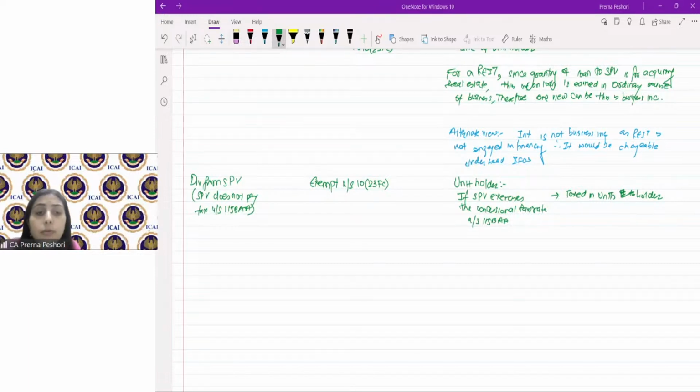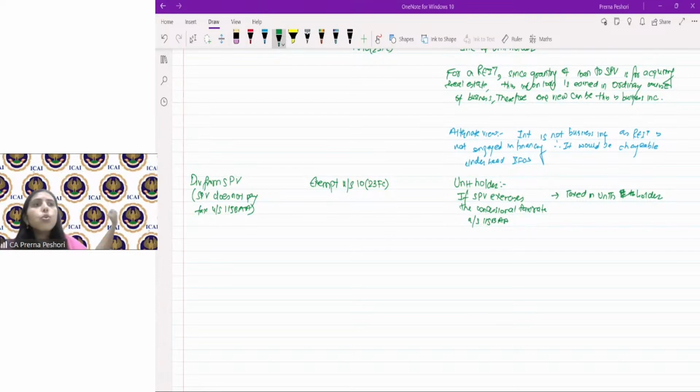What 56(2) says is that any other income which is not chargeable under the other heads, means first you have to check whether the income is chargeable under any other head. If not, then only you come to income from other sources. But in case of dividend, 56(2) says dividend is specifically chargeable as income from other sources.